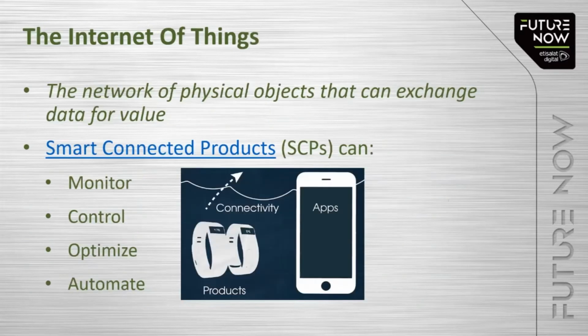Okay, so getting into our thing, I always share this slide first when we're working with the Internet of Things, just so that we give a quick recap. Obviously, if you've done it before, the Internet of Things, the one line, the dictionary definition is, it's a network of physical objects that can exchange data for value. Okay, so the data for value is the key part there.